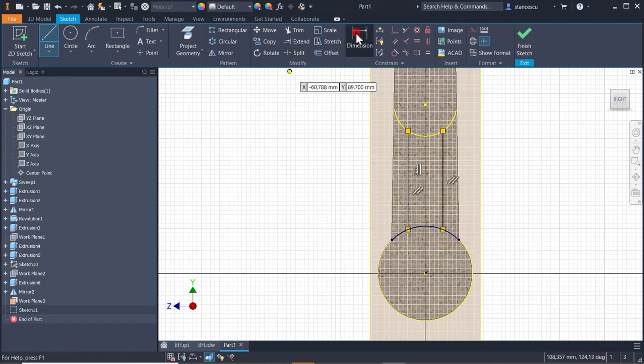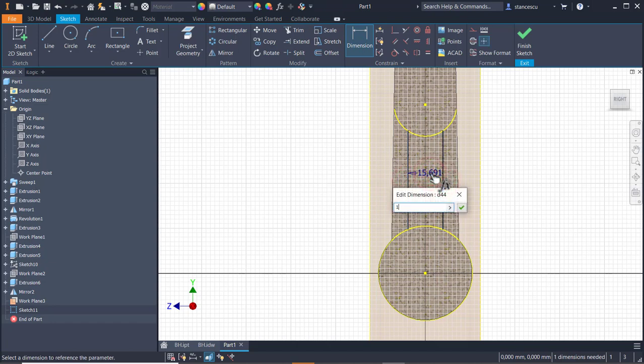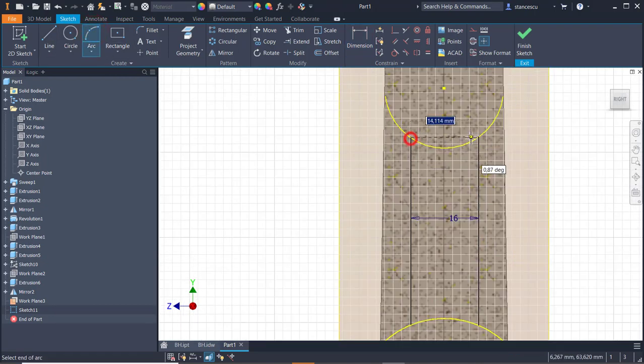Yes, the dimension is 16. An arc between the ends with the same radius, another arc, and equal between this, because everything is symmetrical here, fully constrained.